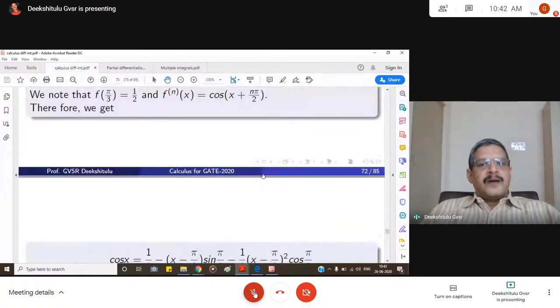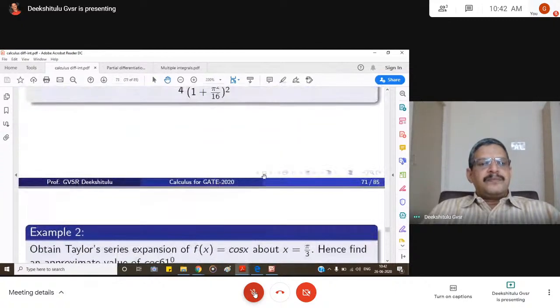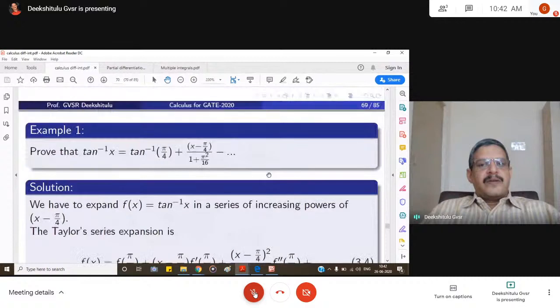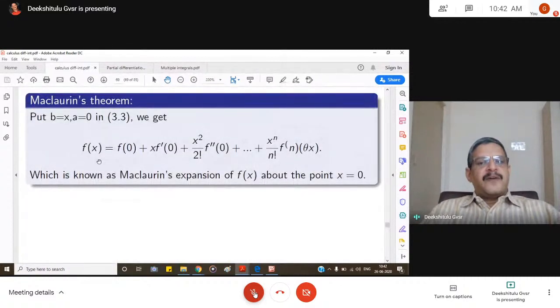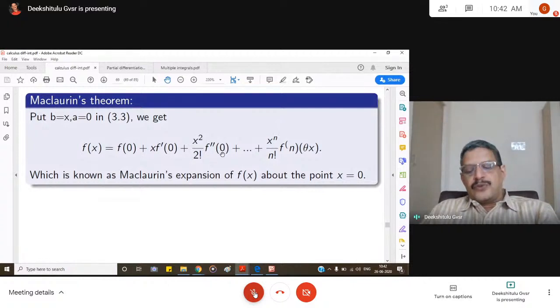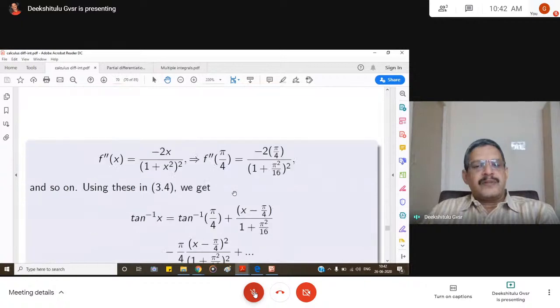Just we'll go back to the Maclaurin series once, then you'll understand better. f of x is equal to f of 0 plus x into f dash 0 plus x square by 2 factorial f double dash 0, and so on and so forth. This is the Maclaurin series expansion.